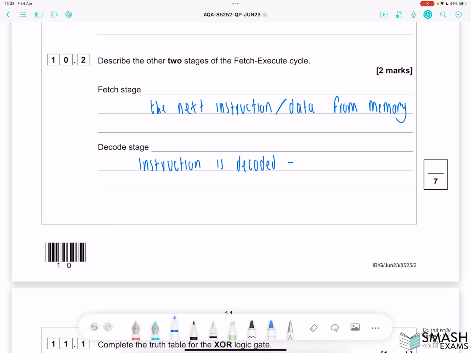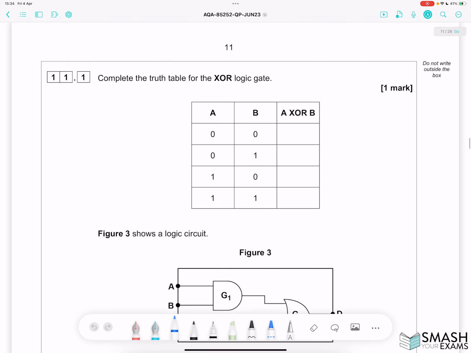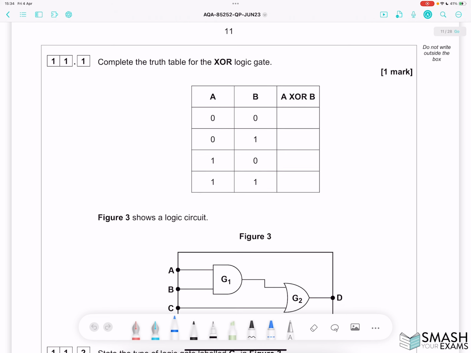To really spell it out for them, it means that we are working out what is to be done. And again, to make that really make sense, that could be to carry out a calculation. It could just be that we've got a number, we need to store it in another memory location to use later. Could be lots of possible things.